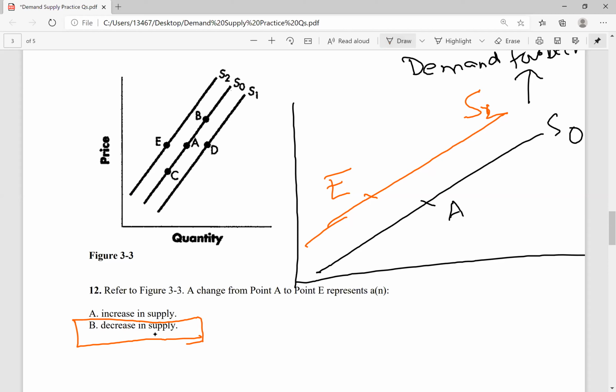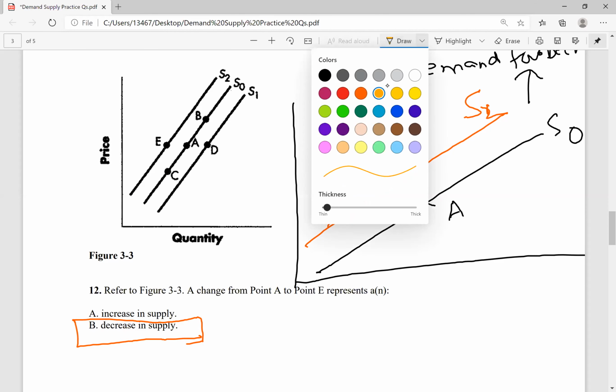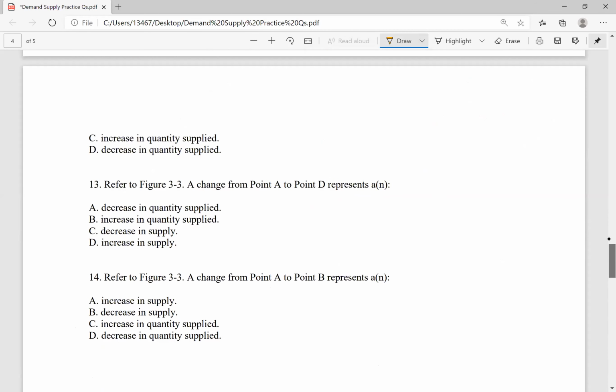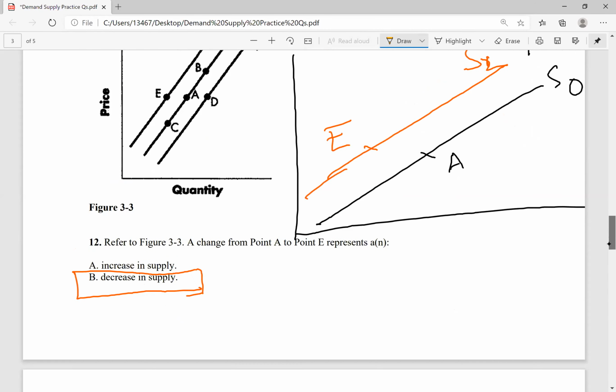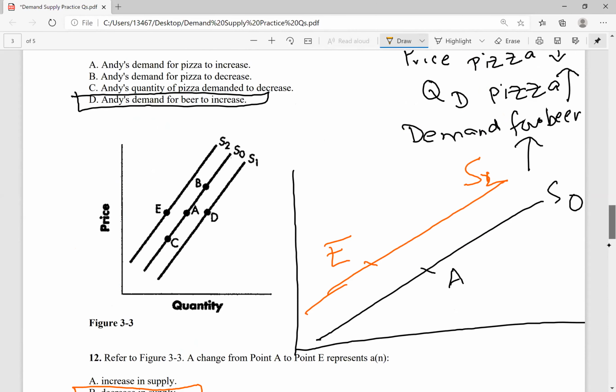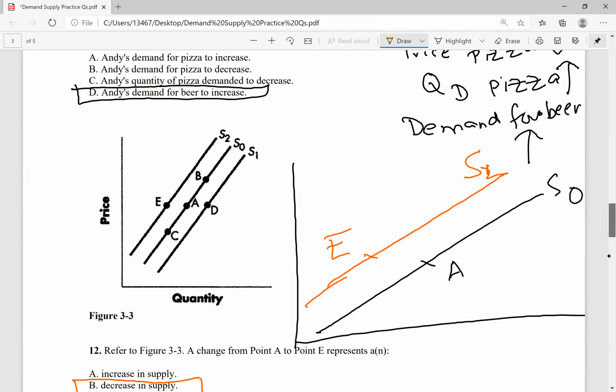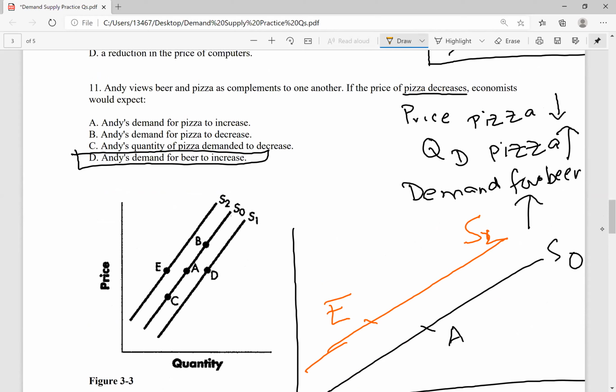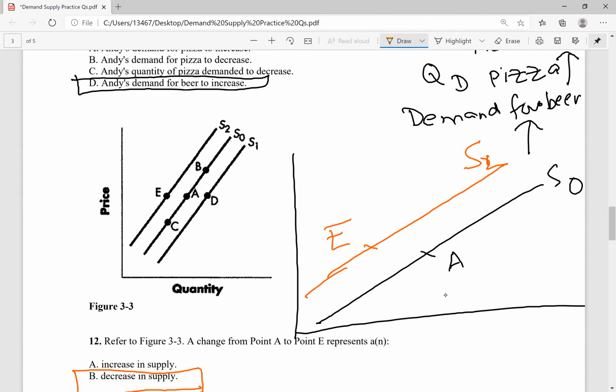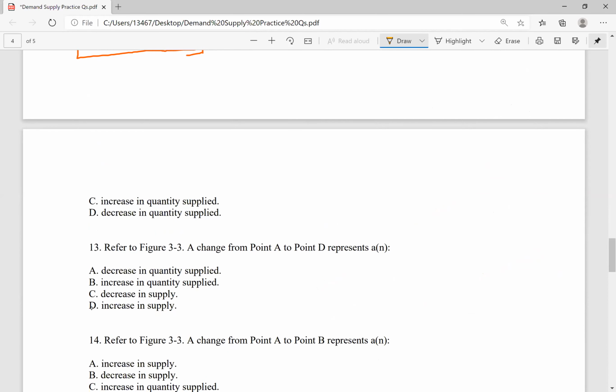Now the next problem would be, what happens if we move from point A to point D on another supply curve? We are on S0 and we are going to move from point A to point D. This means supply has increased.